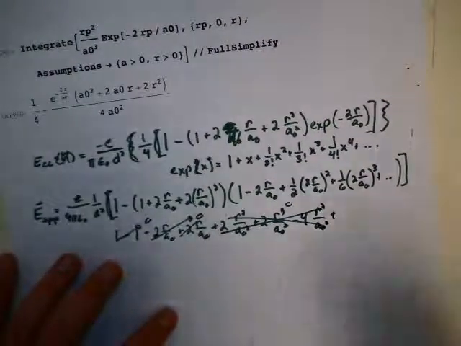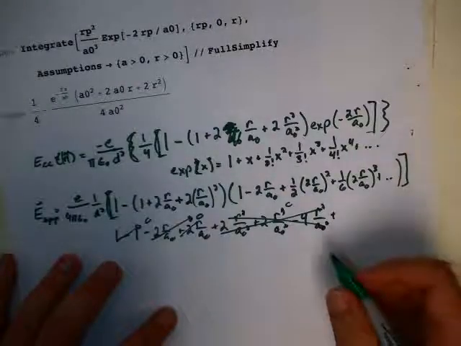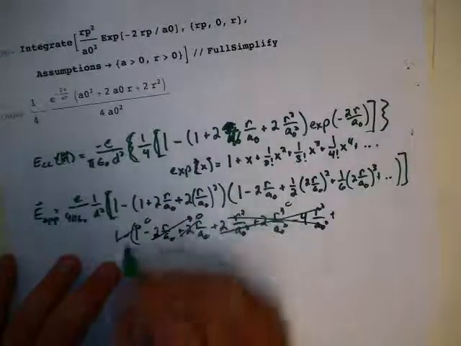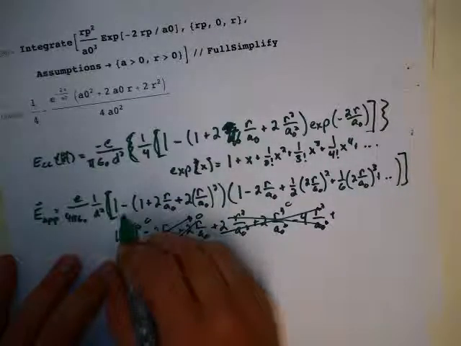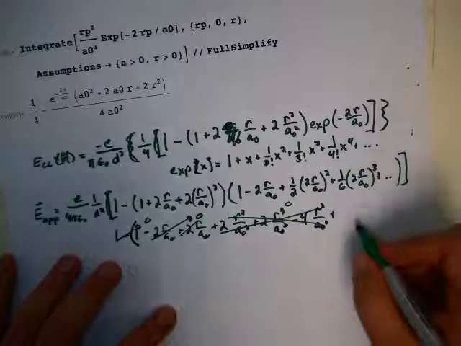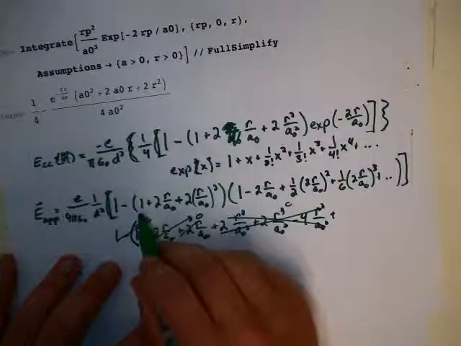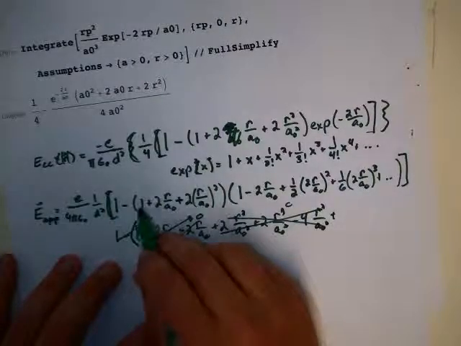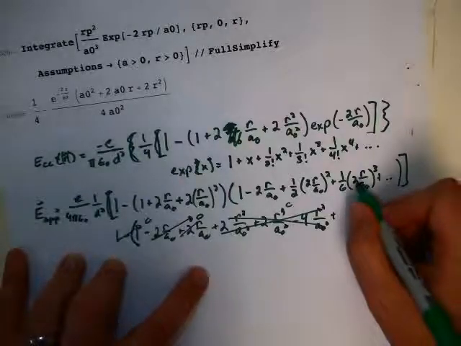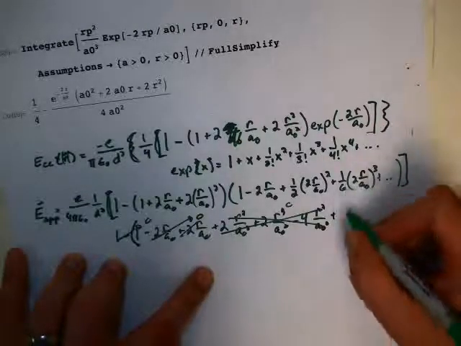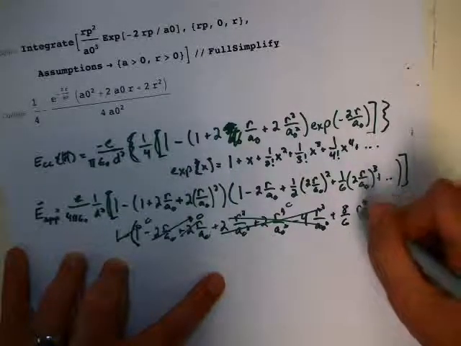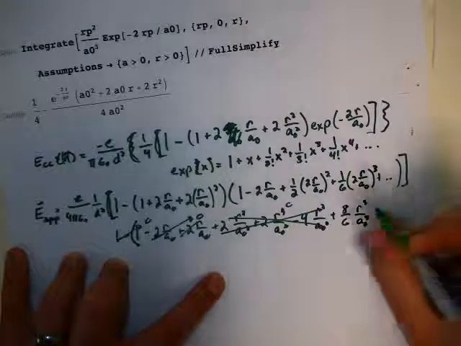And we keep going. Here I have a minus there that needs to be distributed, so I'm just keeping track of that with the parentheses. Now, moving on, we're going to have this 1 times this expression, which is 8 over 6, so this will be 8 over 6 r cubed over a naught cubed.